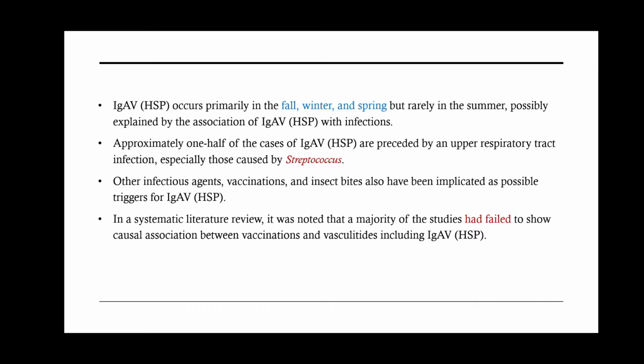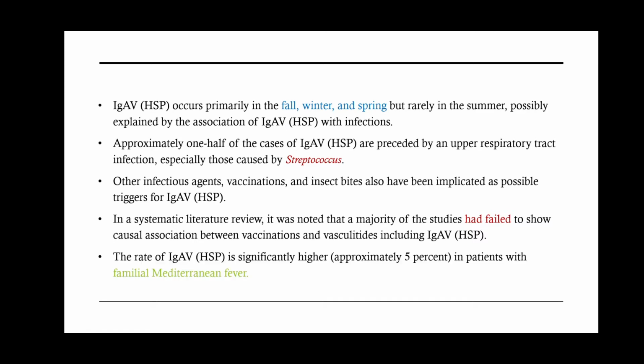So what we know is 1/2 of the cases are preceded by an upper respiratory tract infection, especially those caused by streptococcus. The rate of IgA vasculitis is significantly higher, approximately 5% in patients with familial Mediterranean fever. Okay?